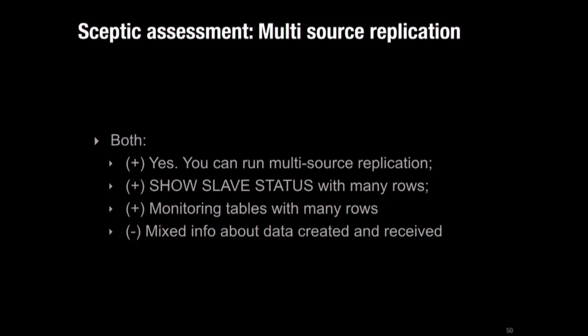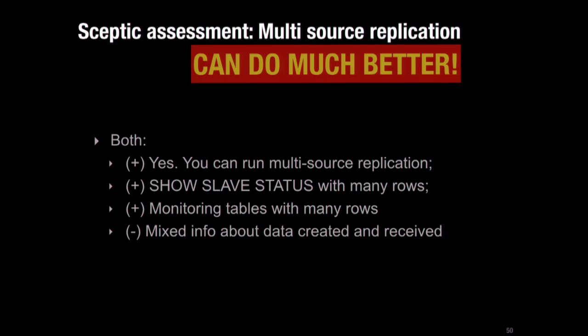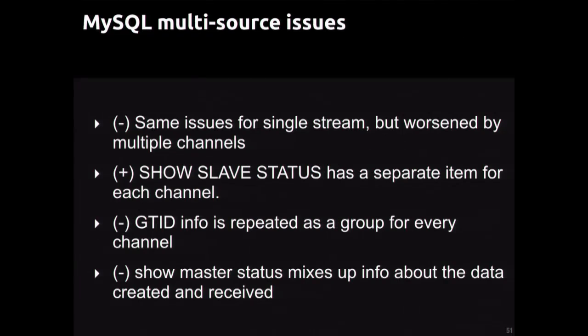Show slave status has one entry for each master. This is good. Monitoring tables will have many rows, one row for each master, and this is also good. Unfortunately, there is mixed information about the data created and the data received. So this can cause some problems. Again, can do much better.